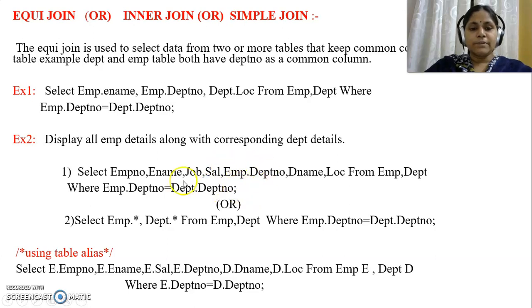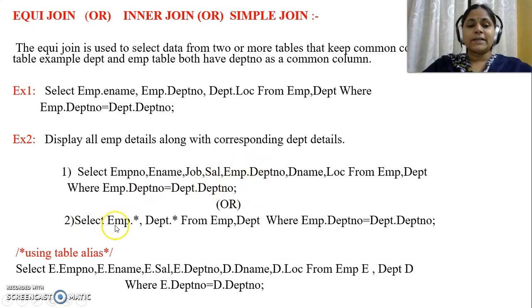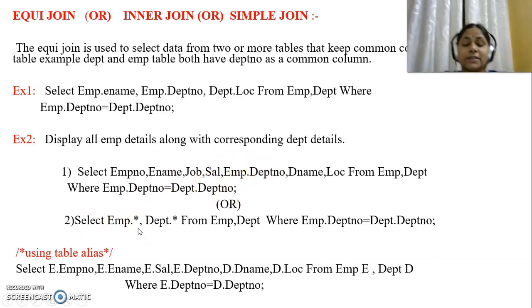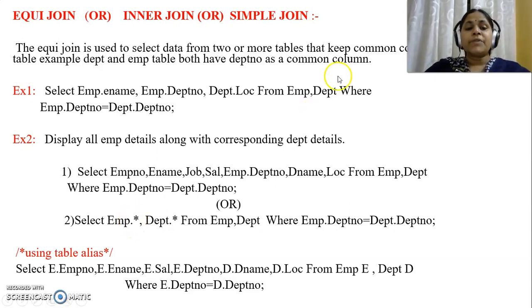This can also be simplified by writing: select EMP.* and department.*. If you specify dot star, all the values in the EMP table will be displayed from EMP, department, where the remaining condition goes on like this. So, this is the simplified version of the first example. Sometimes we can also specify table aliases, that is, giving another name for a table.